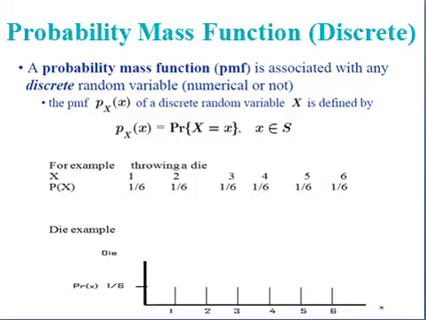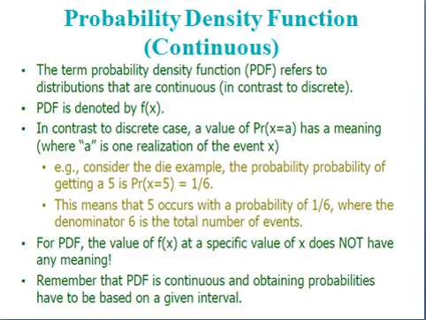Here is the probability, and here are the outcomes, the values of x. Like I discussed, the probability density function is for continuous, and for a probability density function, the probability at a specific value of x does not have any meaning, because we have infinite points in an interval. So that was the logic behind it.